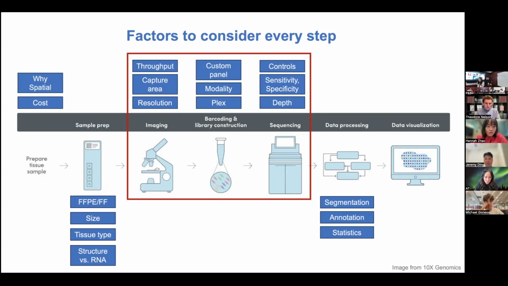People have done a lot of lungs too. The downside of that is you waste a lot of space because half of it is just air and empty space with a lot of airway. But in general, I think COVID actually helped optimize a lot of protocols. We've also seen a lot of tonsil data where there's a lot of immune cells and a lot of activity. So I think these are some of the tissues that worked really well.